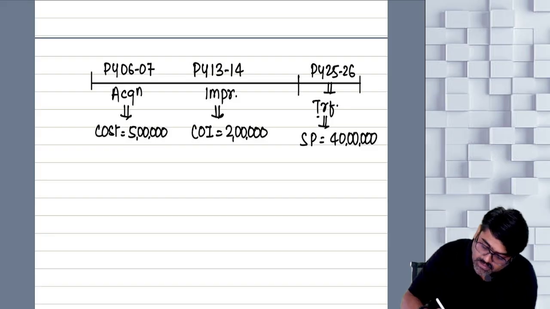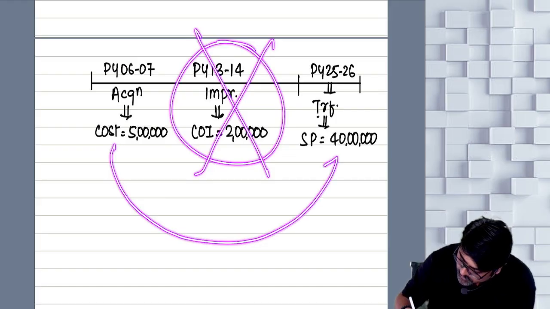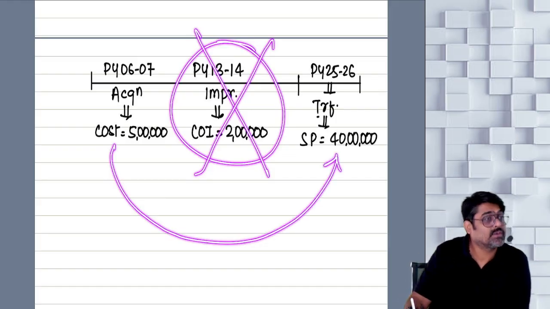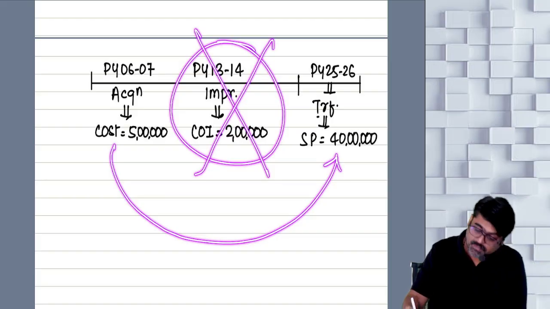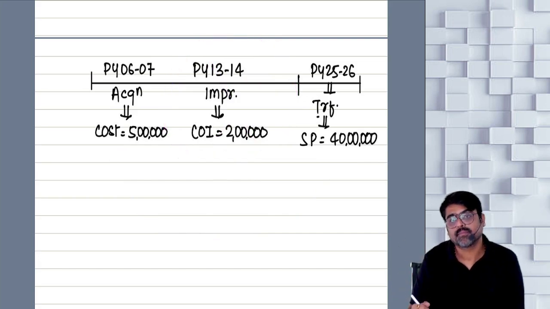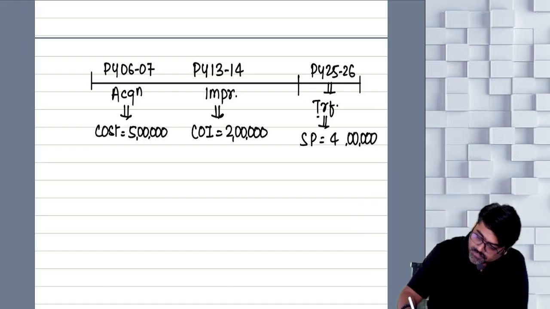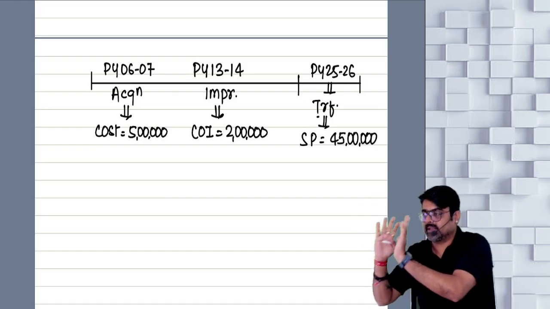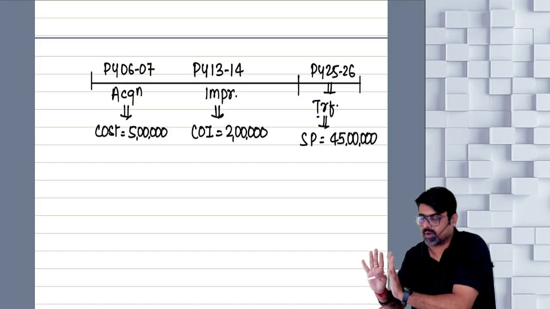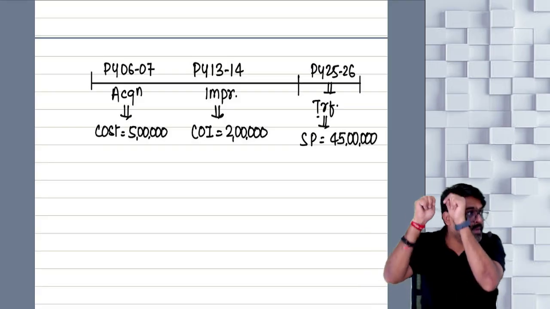Now tell me, if I don't do this expense, I can sell the same asset for 40 lakhs. But if I incur this cost of improvement, will the value of my property increase? So I am able to sell the property for 45 lakhs, because I have incurred this improvement.